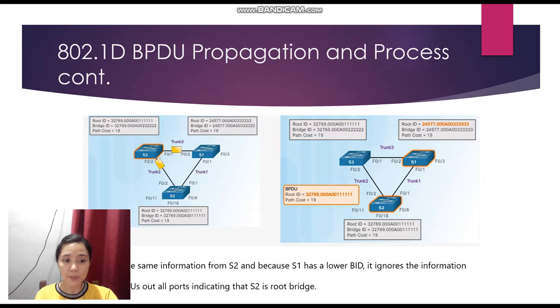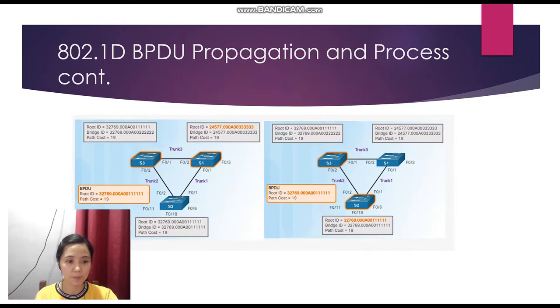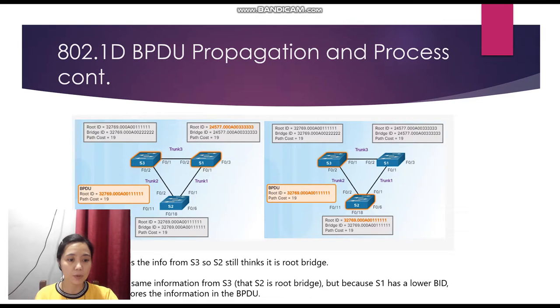And then S1 receives the same information from S2, and because S1 has a lower BID, it ignores the information from S2. When S3 sends the BPDUs out of all ports, it indicates S2 is the root bridge. And then S2 compares the info from S3, so S2 still thinks that S2 is the root bridge.